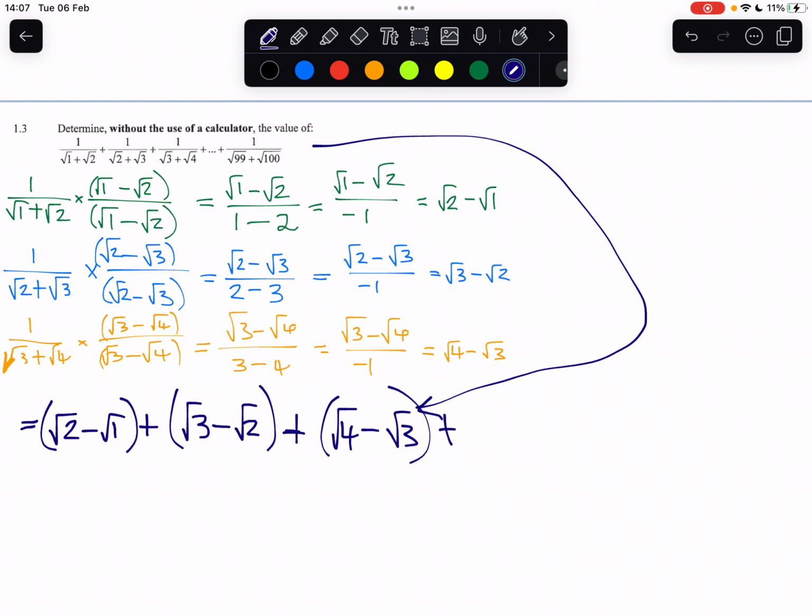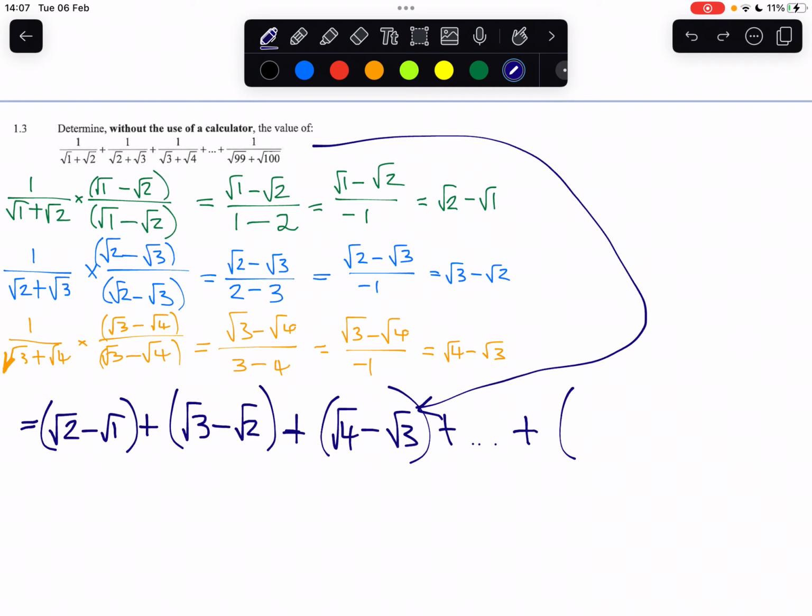And so what will that last term be actually? There's 99 terms in this series, right? Because we've got 1, 2, 3. So there's 99 of them.